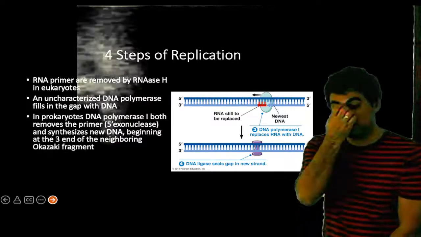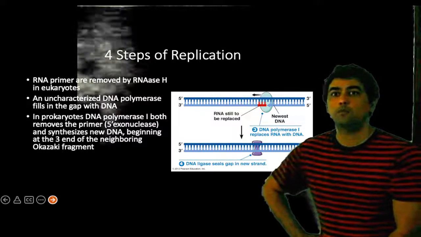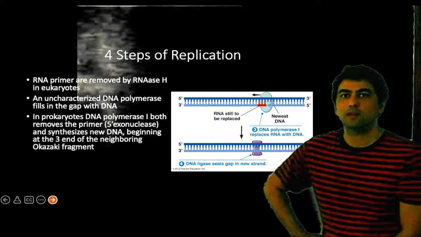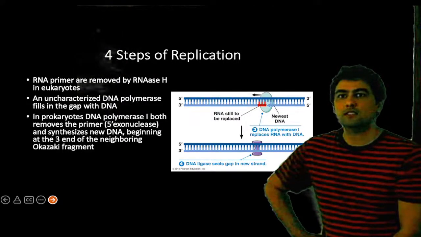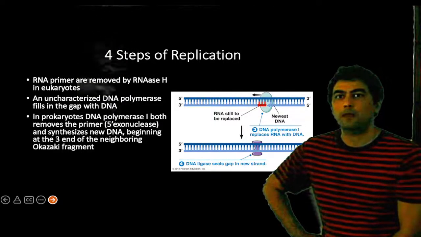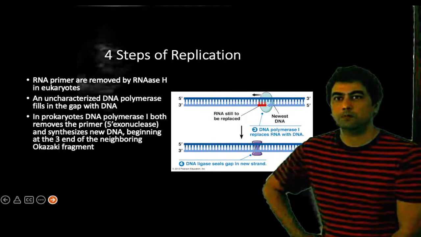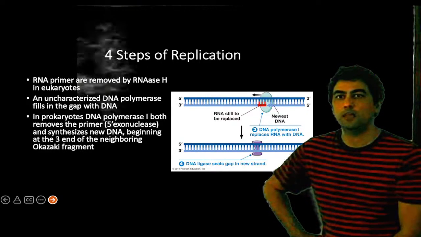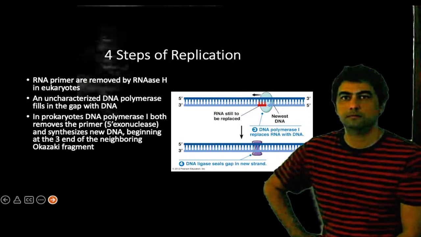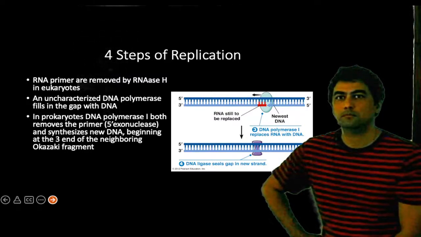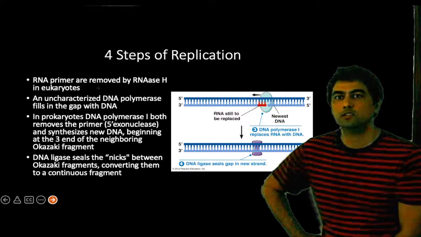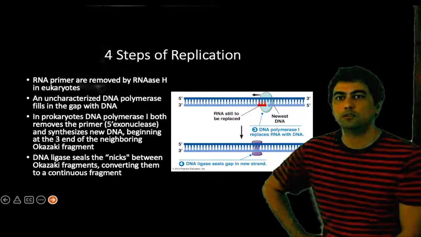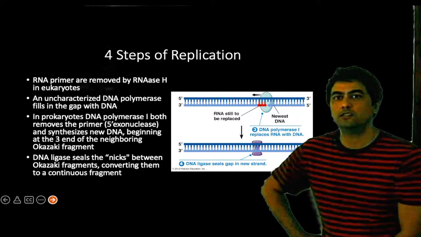In prokaryotes, DNA polymerase I both removes the primer with its 5' exonuclease activity and synthesizes new DNA, beginning at the 3' end of the neighboring Okazaki fragment. DNA ligase seals the nick between Okazaki fragments, converting them to a continuous strand.